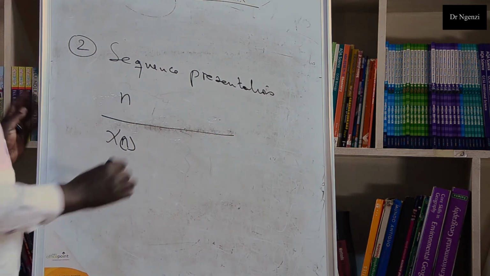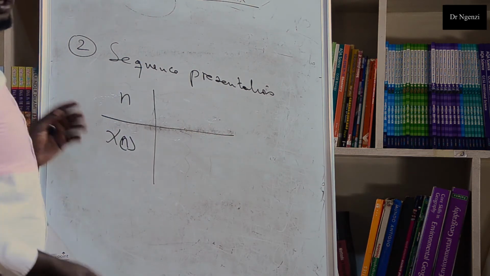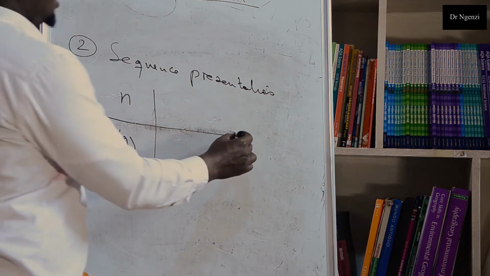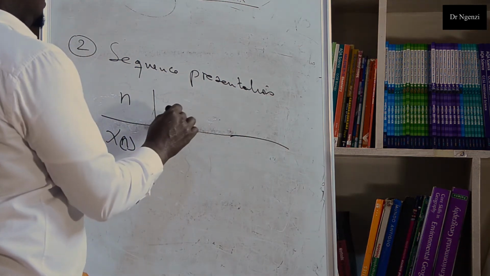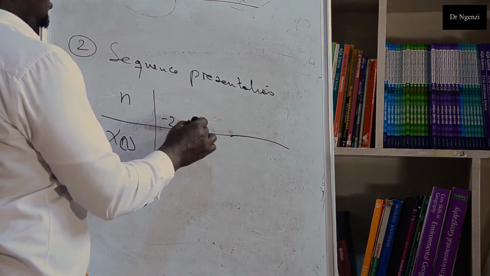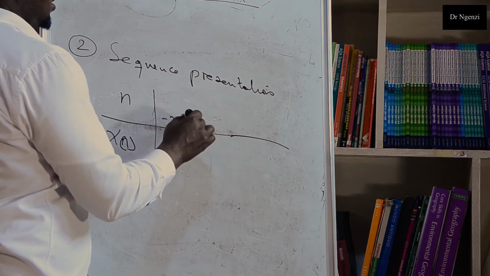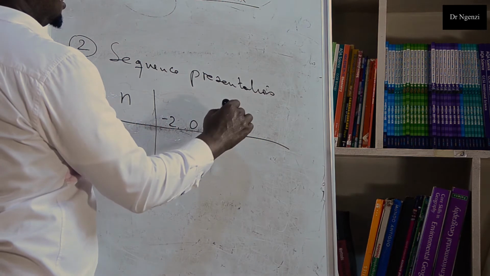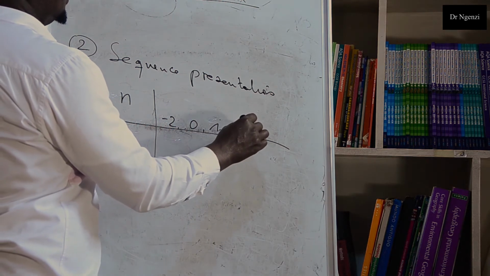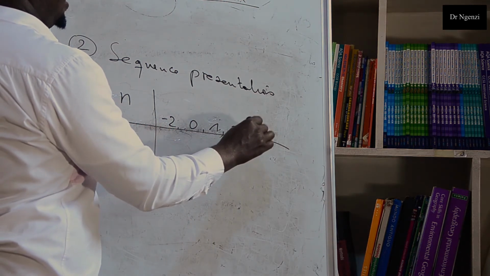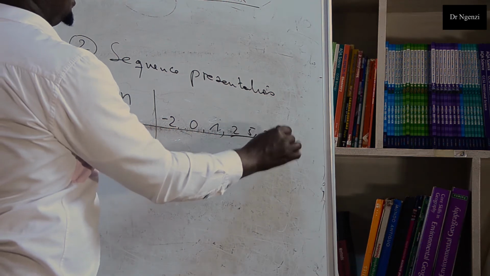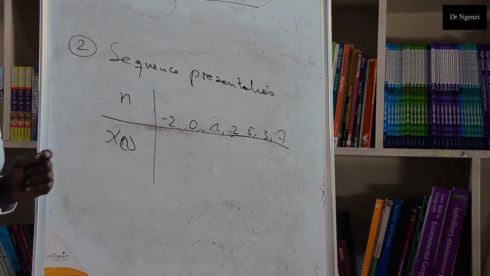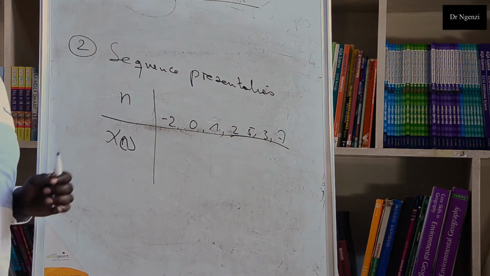So you divide them into sequences, for example beginning at negative n, 2 or 0, or 1, 2, 5, 3, 7. It can be presented in any sequence.